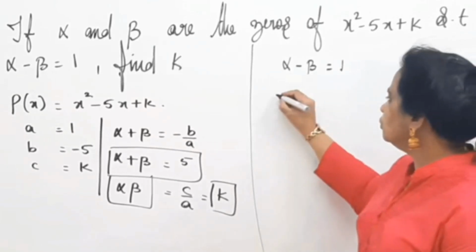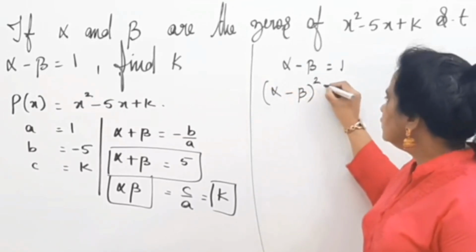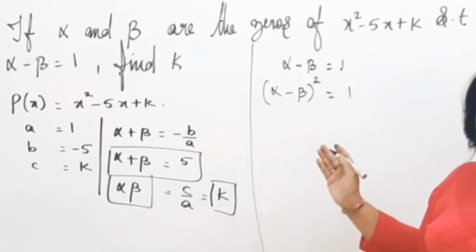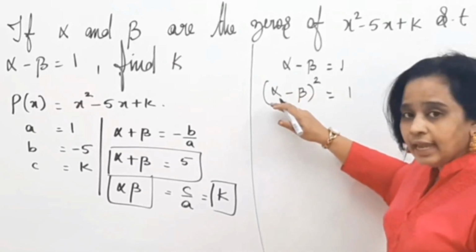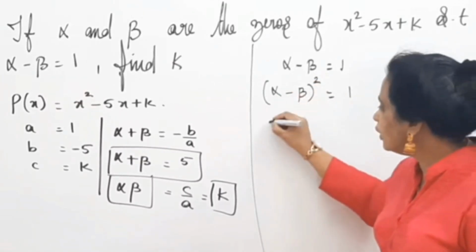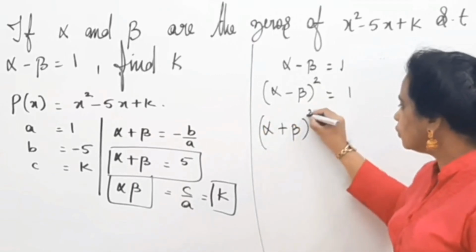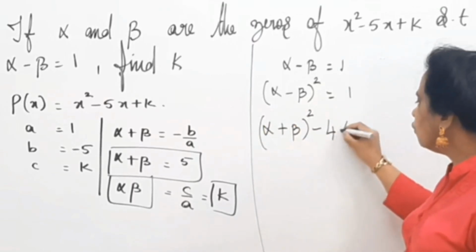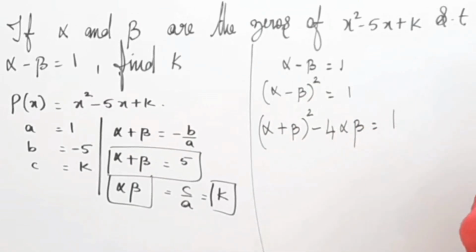What am I going to do is, I'm just squaring on both the sides, which is equal to again 1. I'm not changing any value. Now, you must know this alpha minus beta the whole square can be written as alpha plus beta the whole square minus 4 alpha beta, which is equal to 1.